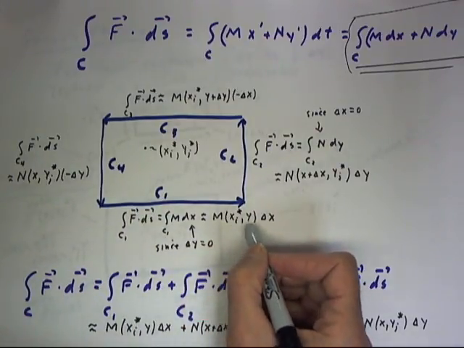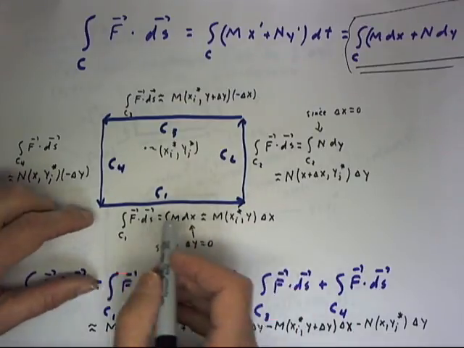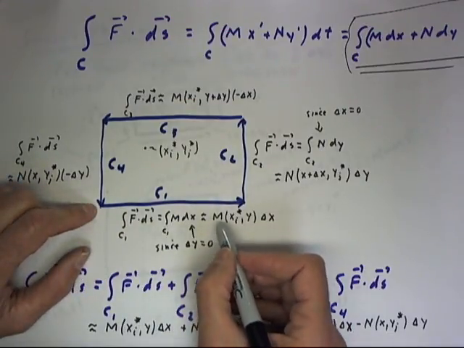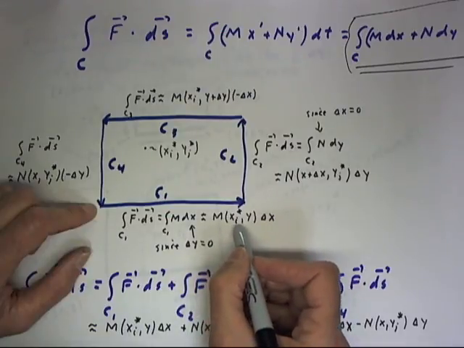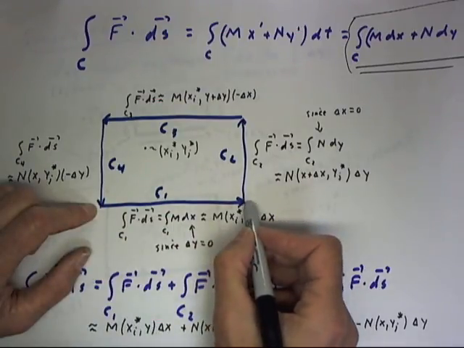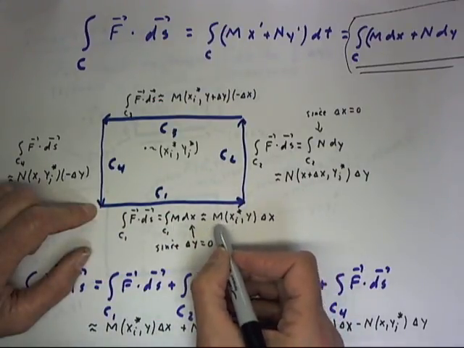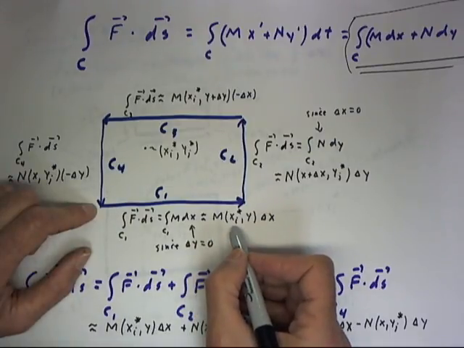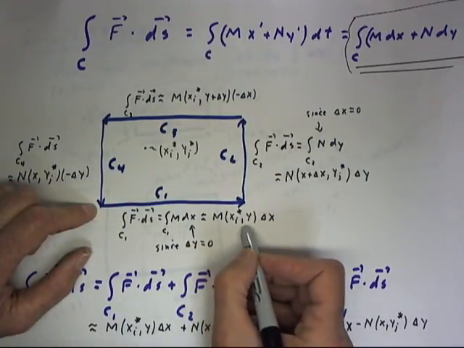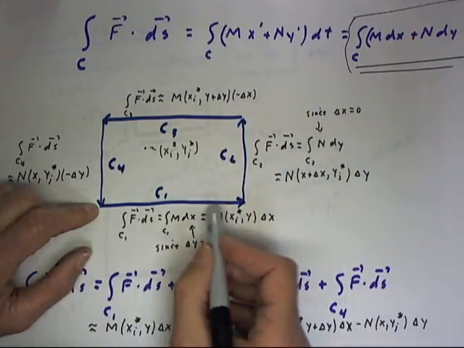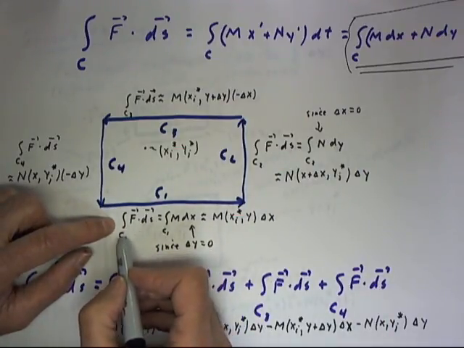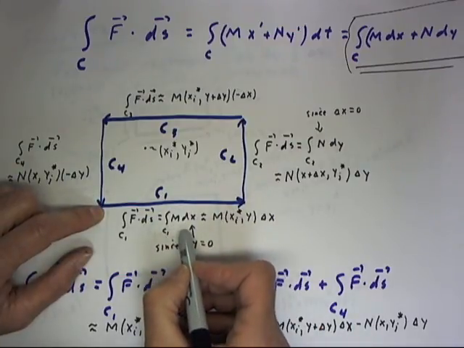Most likely it's not. However, if delta x is small, we don't expect m to change by much with respect to x, so that we can use this approximation m of xi star y as the average value, multiply that by delta x, and get an approximation to this part of the integral.